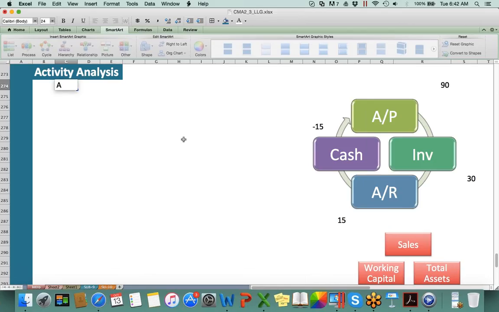Activity analysis is also called efficiency analysis or turnover analysis.